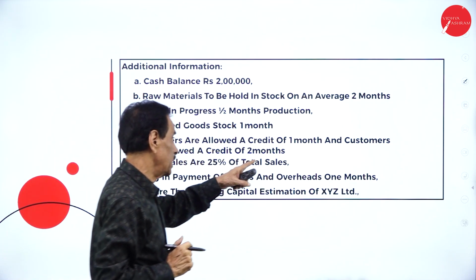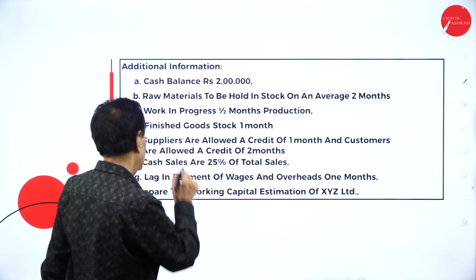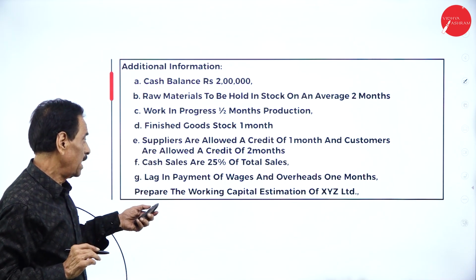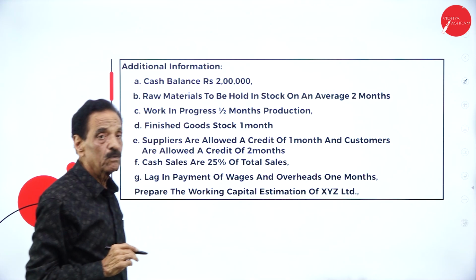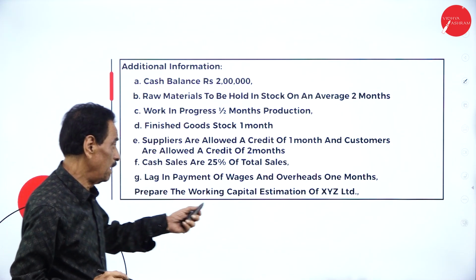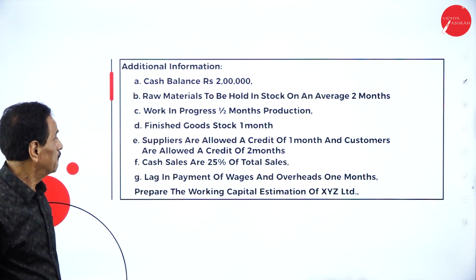Suppliers are allowed a credit; this is a creditor. Customers are allowed a credit; this is a debtor. Cash sale 25%, so credit sale is 75%. Lag in payment of wages is 1 month. So prepare a net working capital statement.